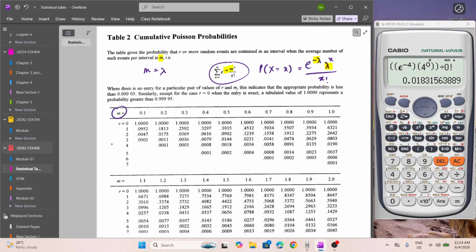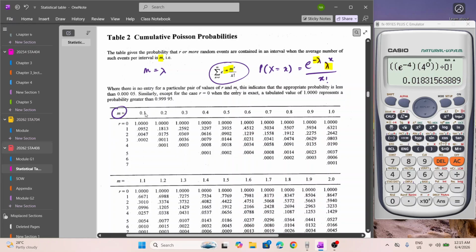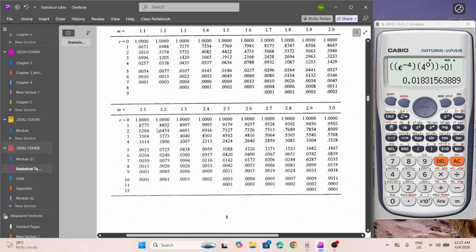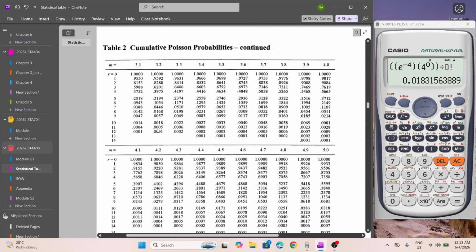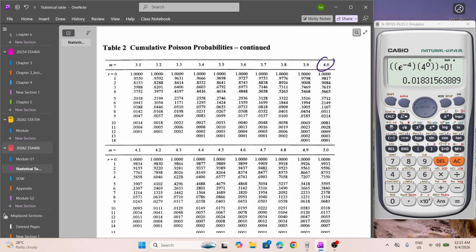So first, you need to find the m or lambda value for our case. In our example, lambda is equal to 4.0.